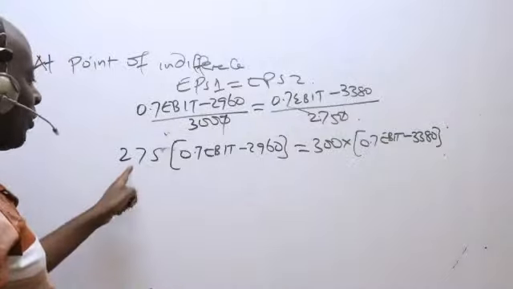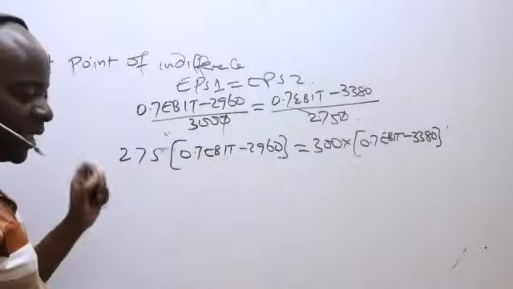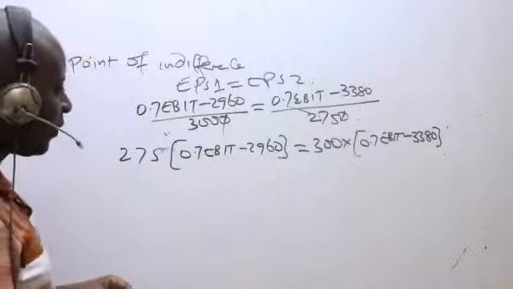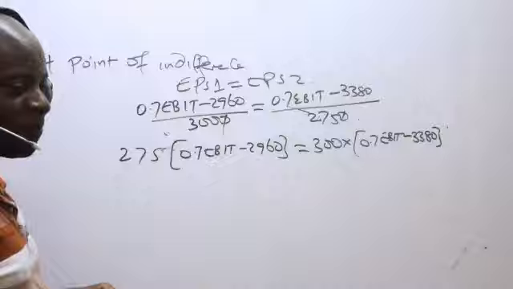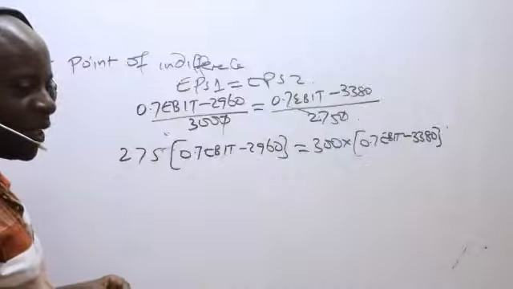Could you kindly do me a favor? What is 275 times 0.7?